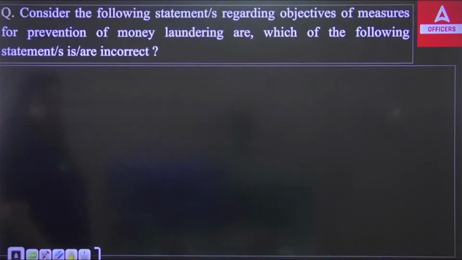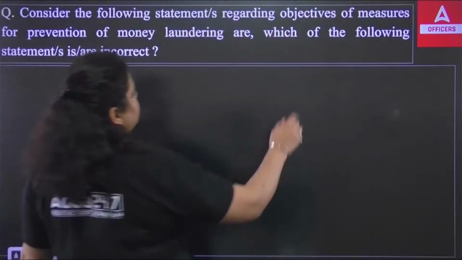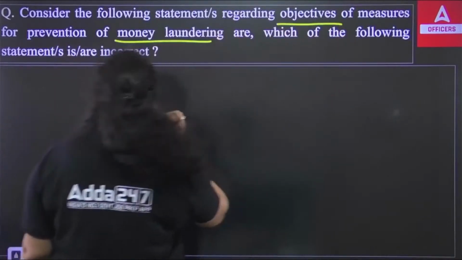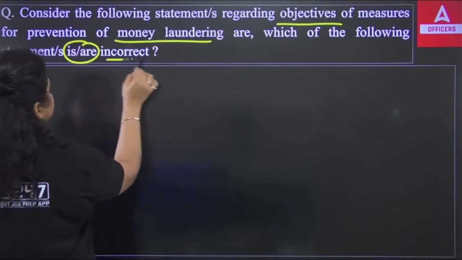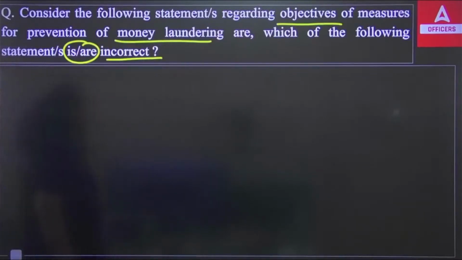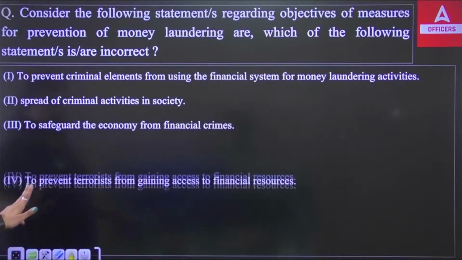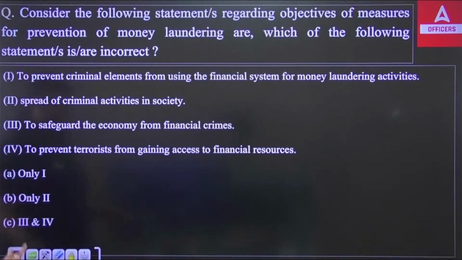Now the next question: consider the following statements regarding the objective of measures for prevention of money laundering. Which of the following statements is incorrect? The question is asking about the objectives of measures for preventing money laundering. These are the options in front of you.